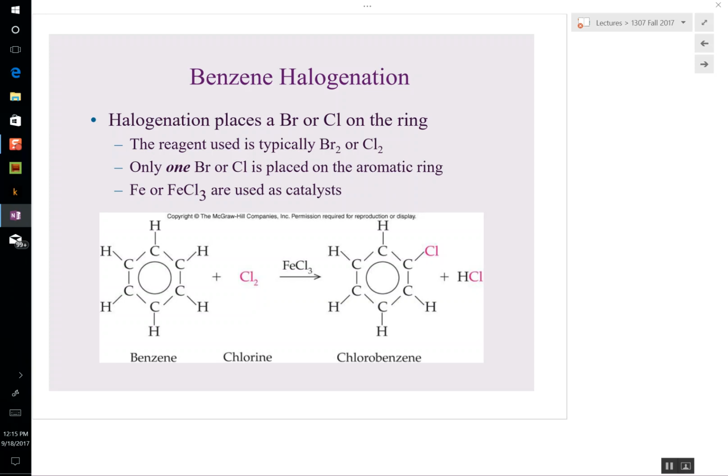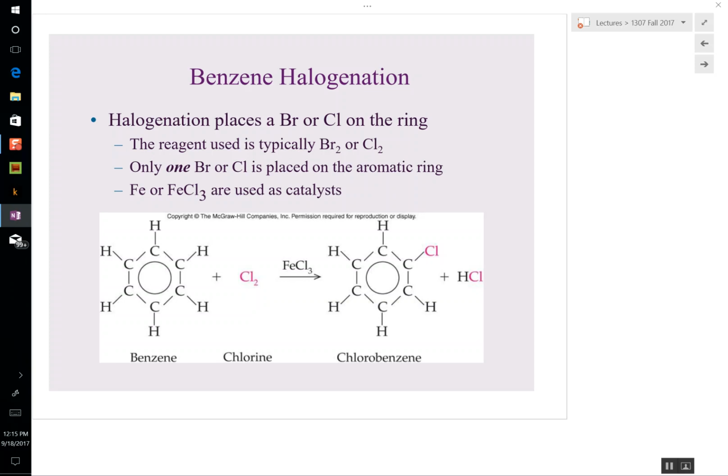This is not like halogenating an alkene. This is an aromatic, and it is substitution. Only one chlorine comes on the benzene ring, and you get HCl. And you have ferric chloride as your catalyst.